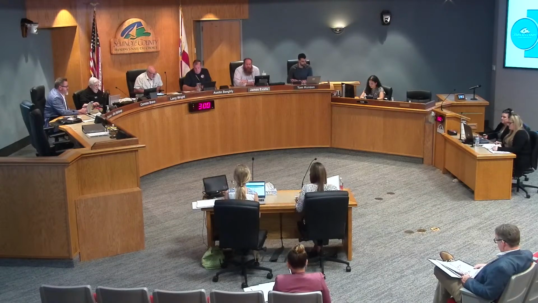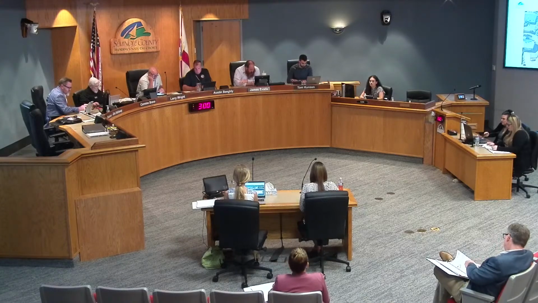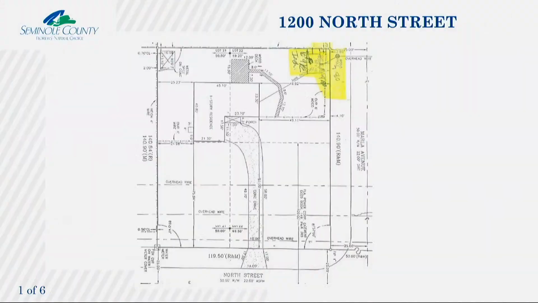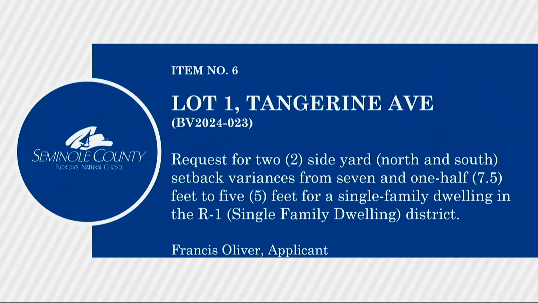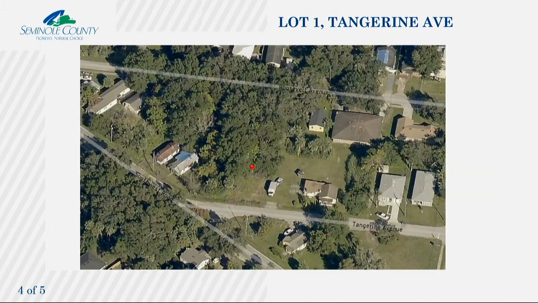Good evening. For the record, Hillary Payton, Planning and Development. Item number 5 is 2 variance requests for 1200 North Street located in the San Lando Springs subdivision. The request is for an east side street setback variance from 25 feet to 7.8 feet and a north side yard setback variance from 10 feet to 6 feet 9.5 inches for a shed in the R1AA zoning district.